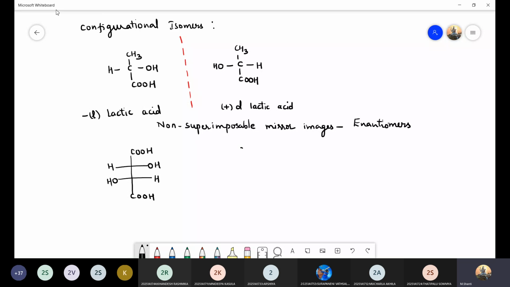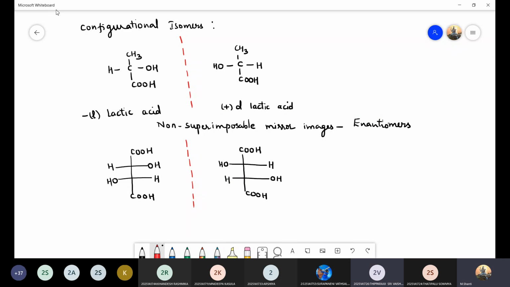Can you guess what is the name of this compound? Tartaric acid, ma'am.